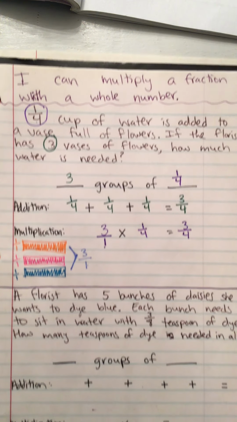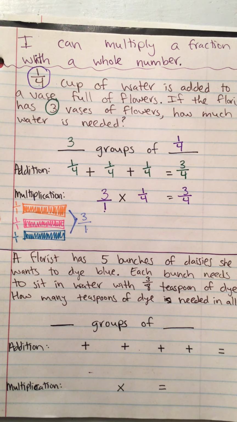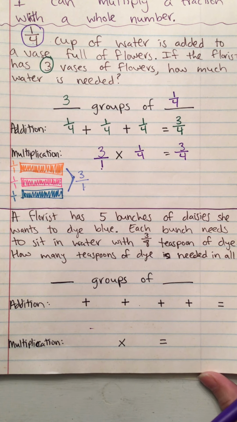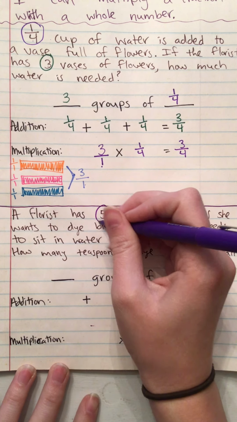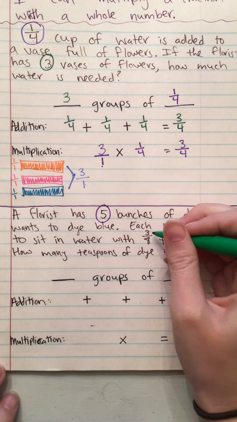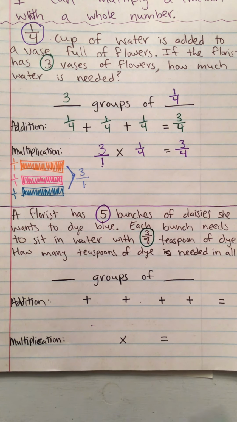Okay, let's look at this other one. It's a little bit different. So a florist has 5 bunches of daisies she wants to dye blue. Each bunch needs to sit in water with 3/8 teaspoon of dye. How many teaspoons of dye is needed in all?